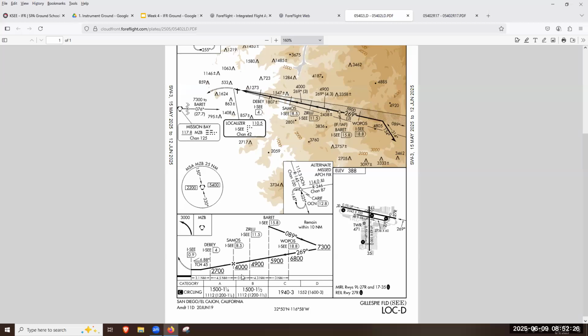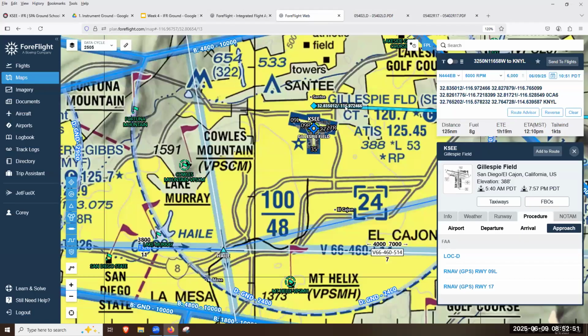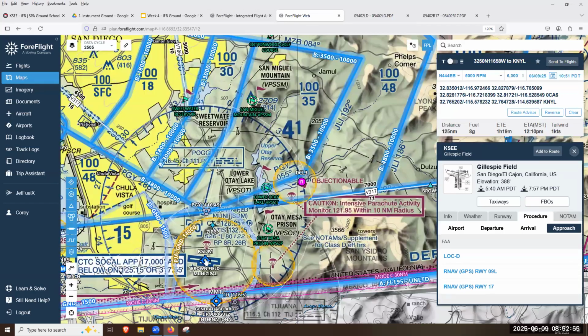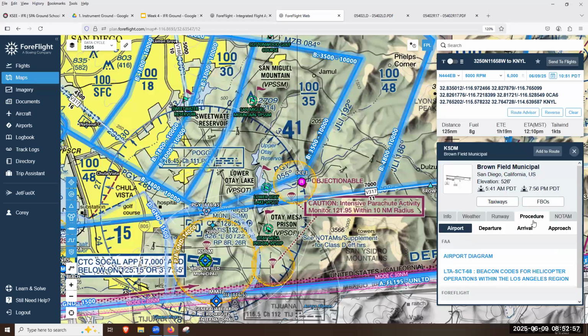No, you have to forward slip the entire time from DEBBIE all the way down to land. Is a forward slip a normal maneuver in IMC? No. So that's why localizer delta only has a circle to land. Now at midfield, you'll circle south to enter the left downwind for runway 27 left. So on that approach, you always circle. That's reason number two. Under VFR, you can ask to go visual and then forward slip.